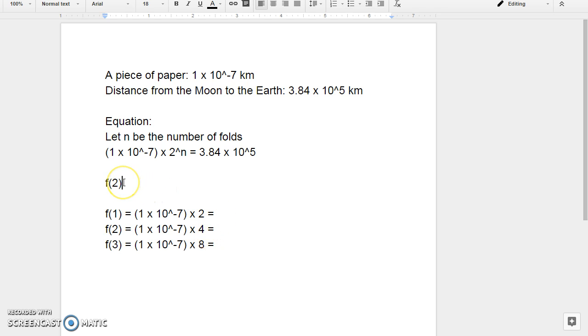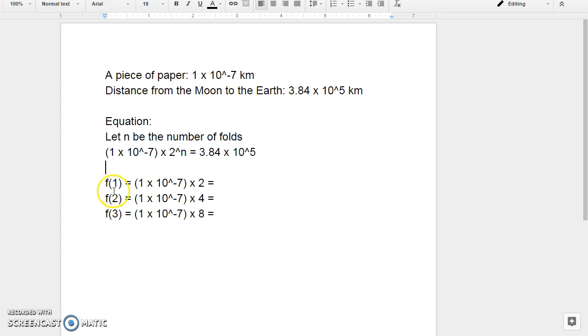Is 4 times. So there you see it. This is double of this, but this is also double of this. So this is 4 times this after just 3 folds.